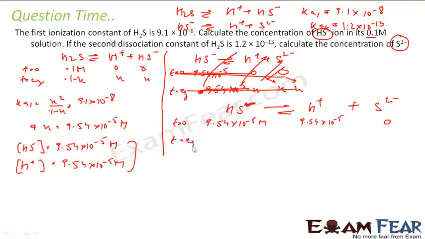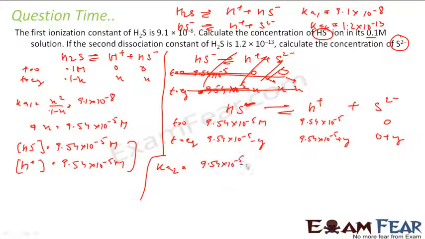At equilibrium, HS minus will lose some y M, H plus will gain y M, and S2 minus will become 0 plus y. Now Ka2 is the concentration of H plus, 9.54 into 10 to the power minus 5 plus y, times the concentration of S2 minus, that is y, divided by the concentration of HS minus, that is 9.54 into 10 to the power minus 5 minus y.